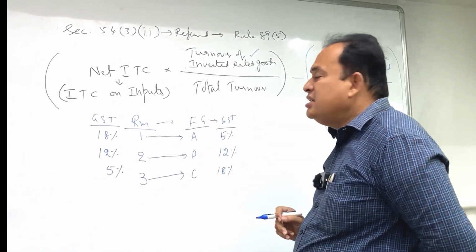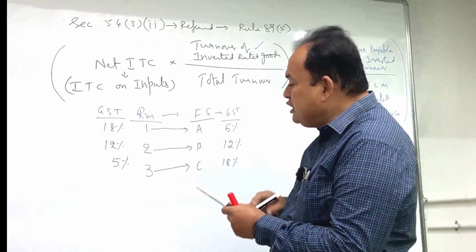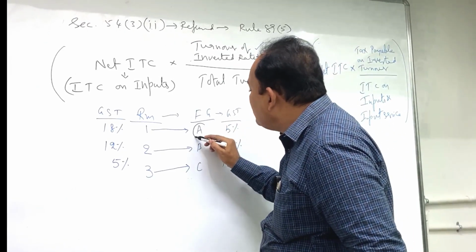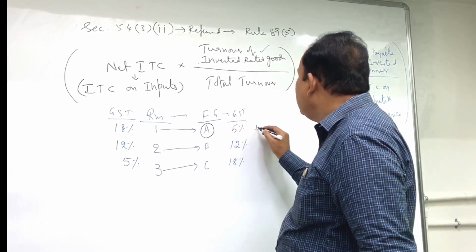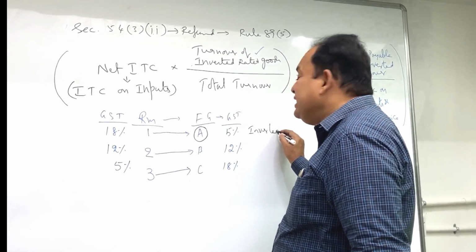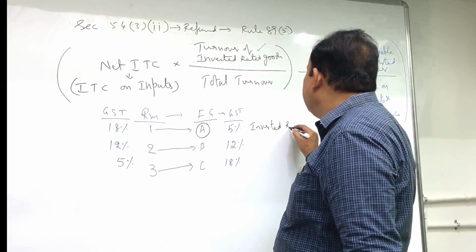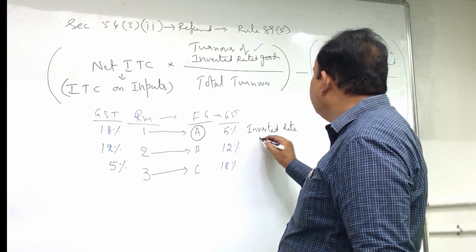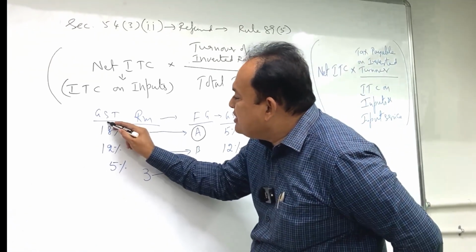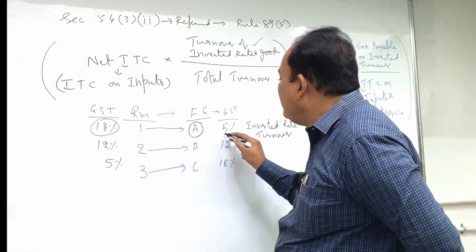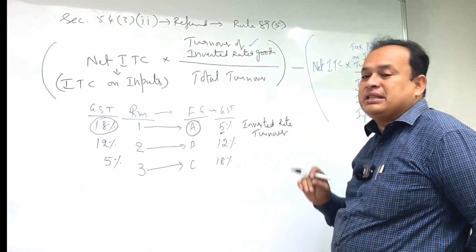Only unit A, that means the finished product A, is called inverted rate turnover, because 18% on inward supply and outward supply only 5%, thereby excess credit, resulting in an inverted rate structure.